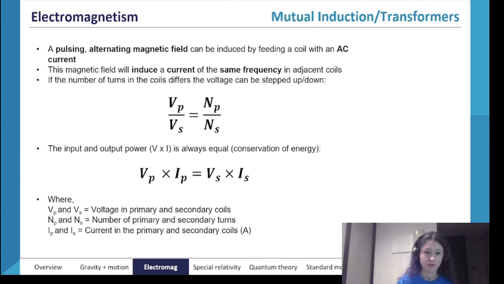And how we do that is using our step up, step down method with our two coils.